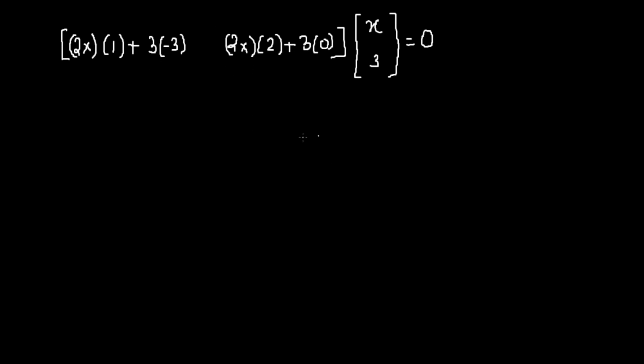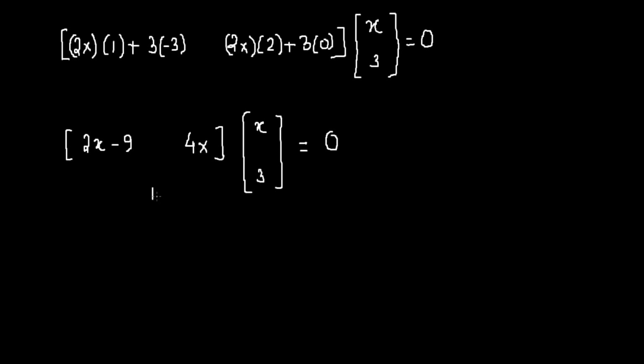Let's go down. This will give us 2x minus 9 as the first element, and the second element will be simply 4x plus 3 times 0, which is 0. So that gives us a row matrix, and we have a column matrix. Now, the row matrix is of order 1 cross 2, and the column matrix is of order 2 cross 1.